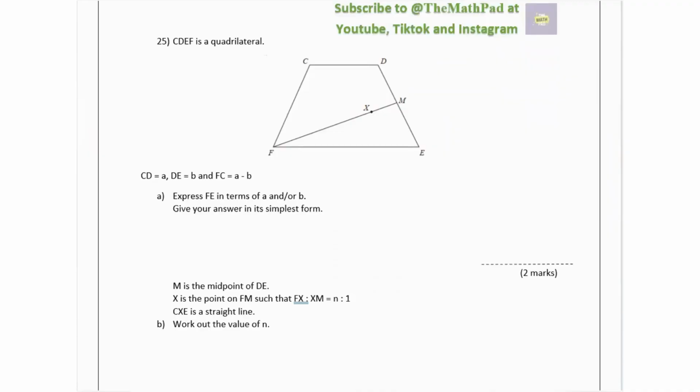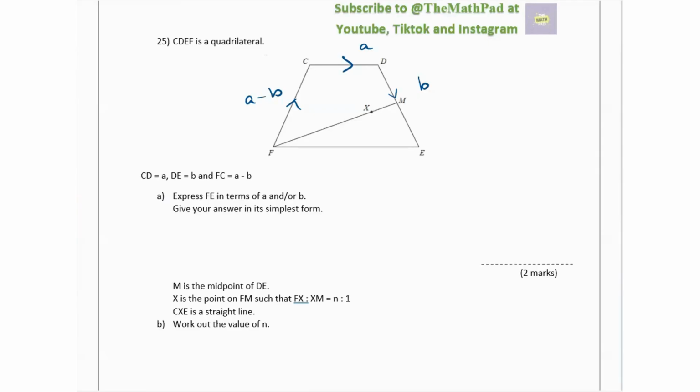Then say CDEF is a quadrilateral. Vector CD is a. Vector DE is b. And vector FC is a minus b. Express FE in terms of a and or b. Give your answer in simplest form.